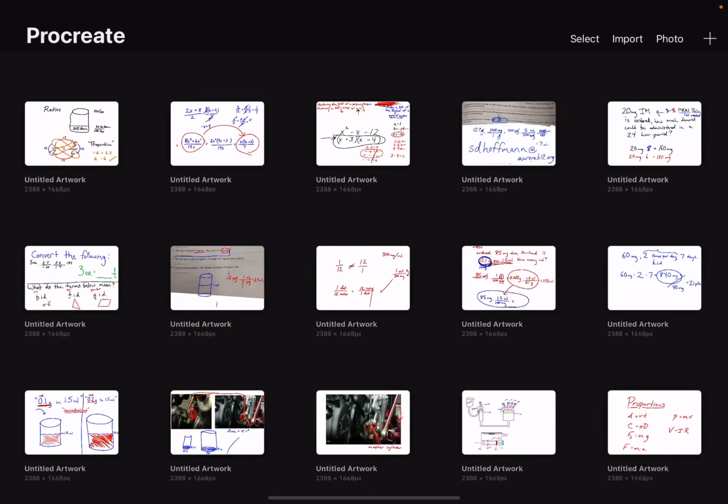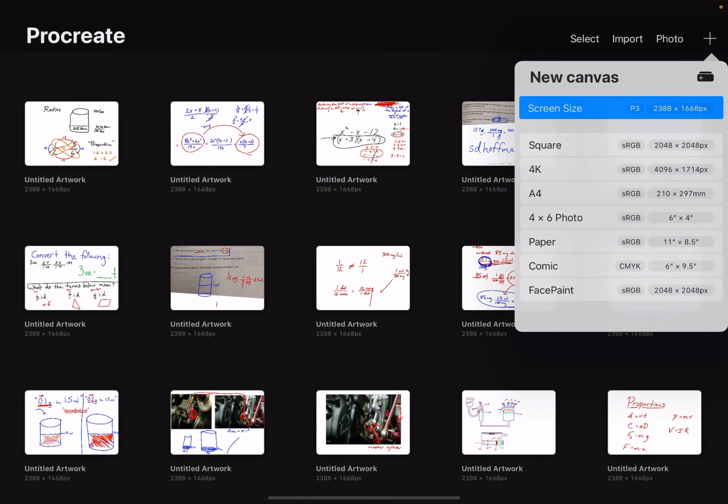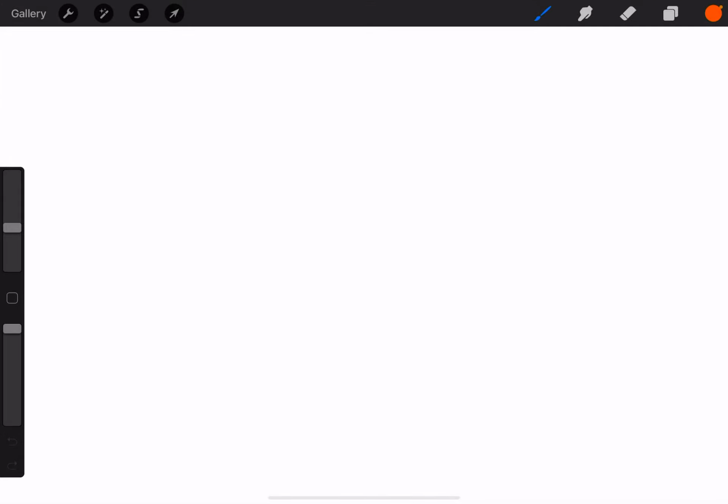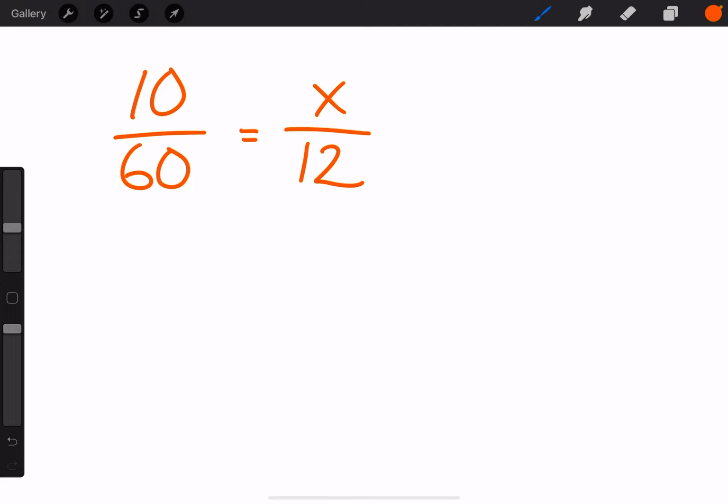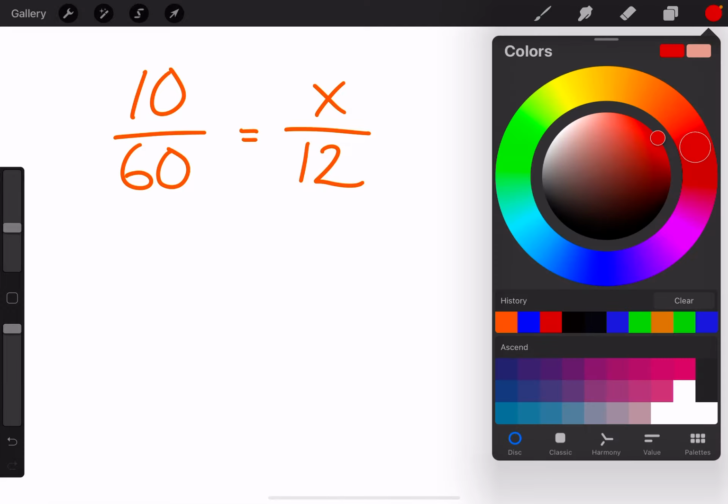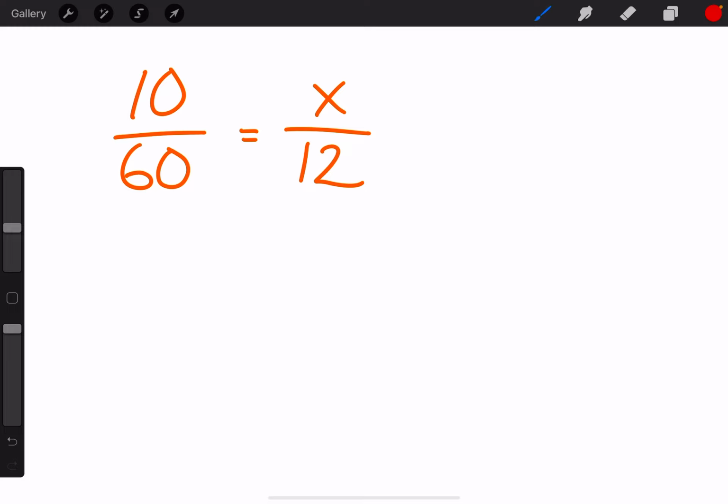So in the example 10 over 60 equals x over 12, there's a few different ways of going about this. You might look at this and go, well, 10 times 6 is 60, so maybe I could think of a number that I could multiply by 6 to get to 12.